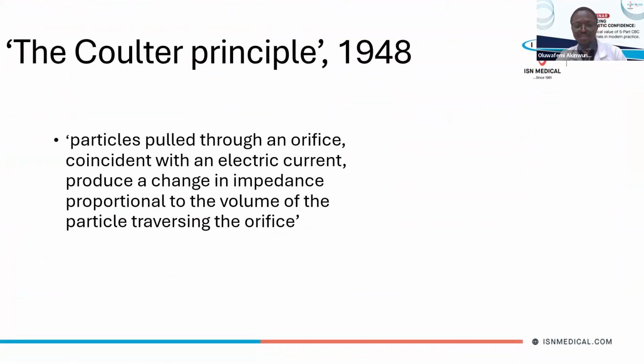Now, of importance to discuss today is the Coulter principle, which was described in 1948. It says that particles put through an orifice coincident with an electrical current produce a change in impedance proportional to the volume of the particle passing the orifice. It means that if a single cell passes through an aperture while an electrical current is passed, it produces a change in the impedance.